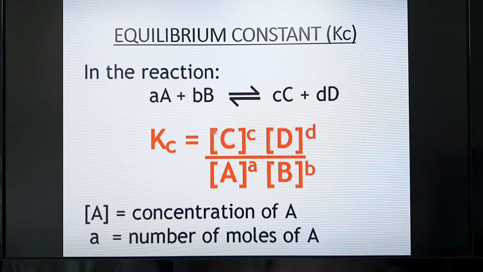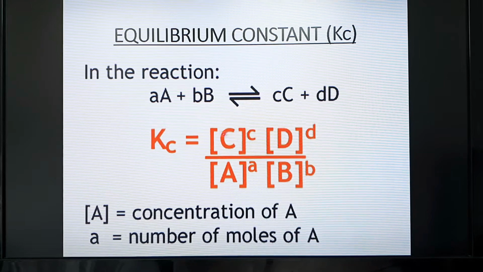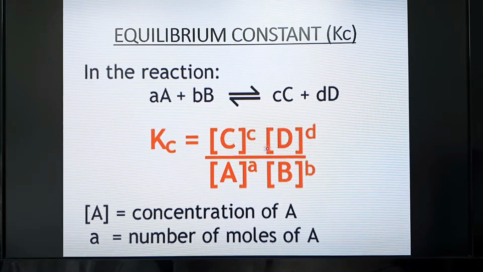we multiply. Firstly, we get the concentration of our products, raised to the power of the number of moles of that product.